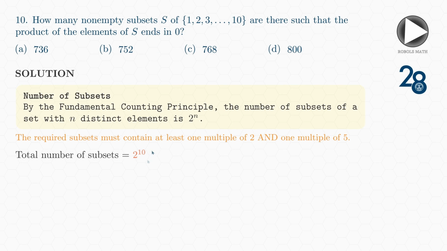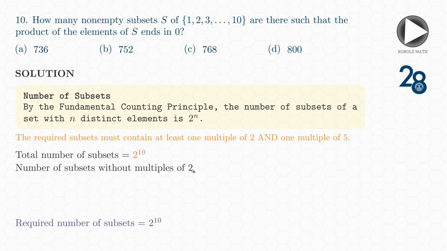Now, from this total, we will subtract the cases we don't want. And the cases we don't want are those that do not have multiples of 2 and multiples of 5. So, the number of subsets without multiples of 2 should be 2 raised to n again.